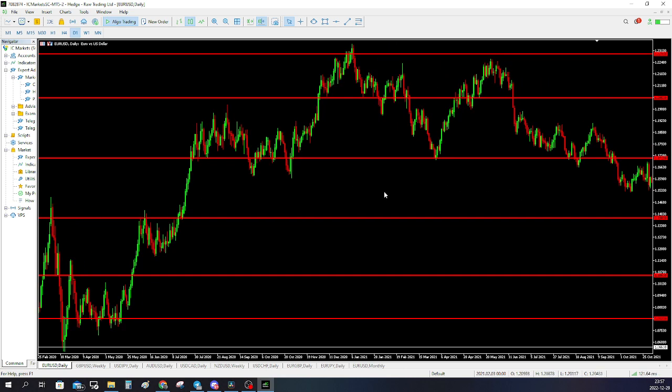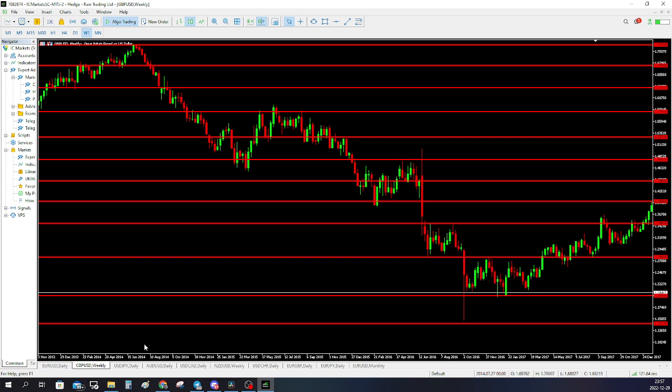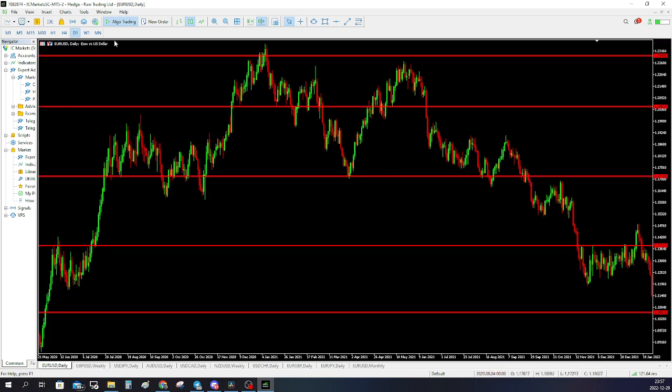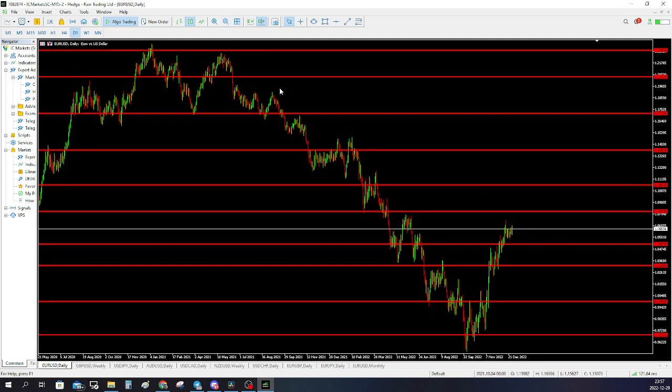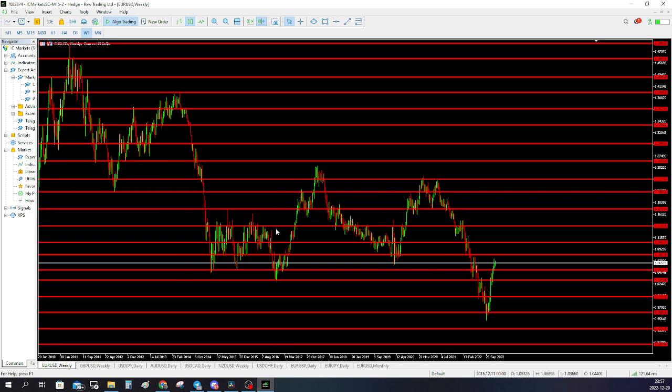So this is just the euro dollar, and the pound. The pound dollar doesn't look exactly the same. If we look at these levels, it's very interesting, because I have found that the areas between these lines are kind of similar.